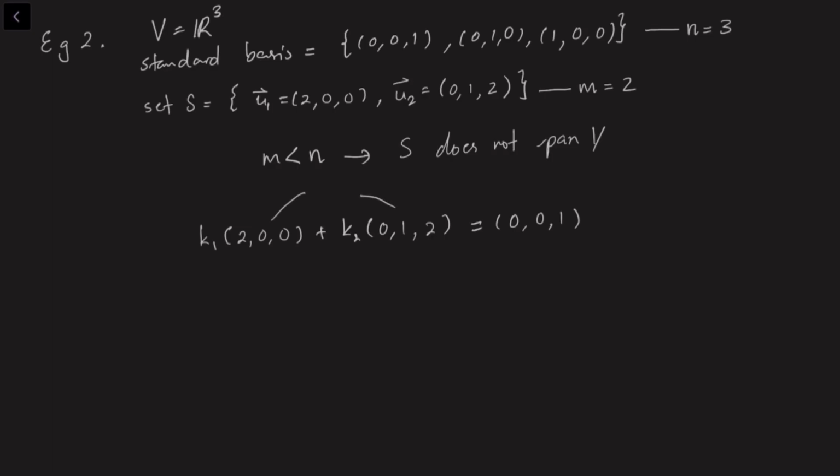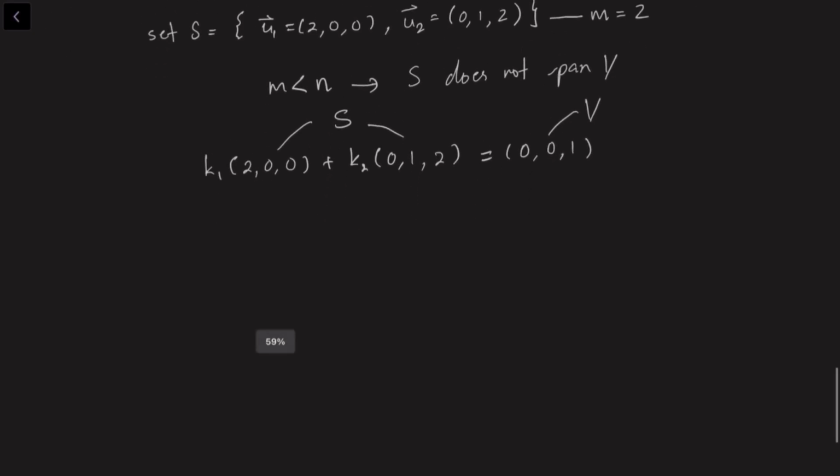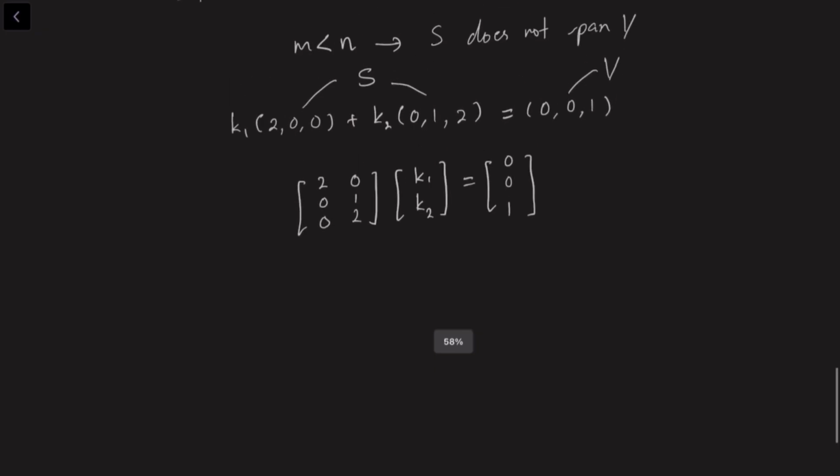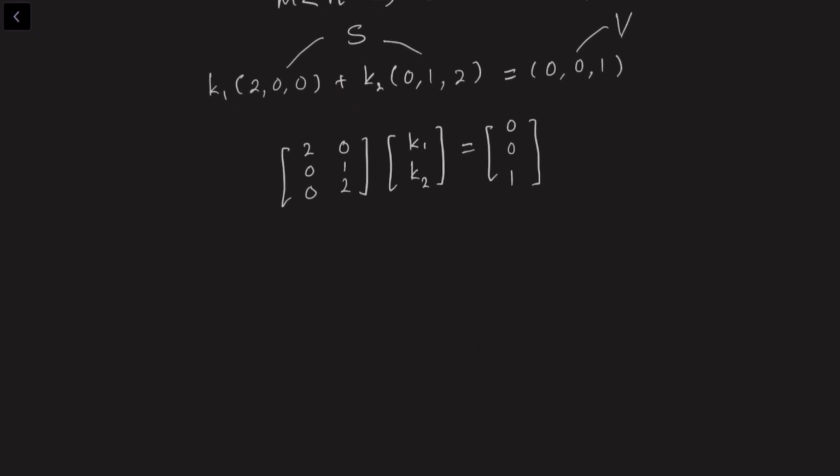So these two are from S, this is from V, right? We can do a system of linear equations with 2, 0, 0 and 0, 1, 2, and from this we can solve for k1 and k2.